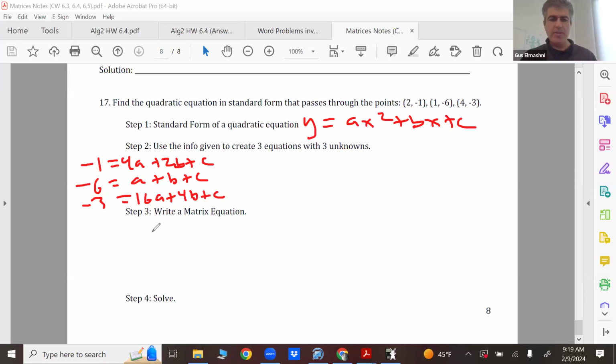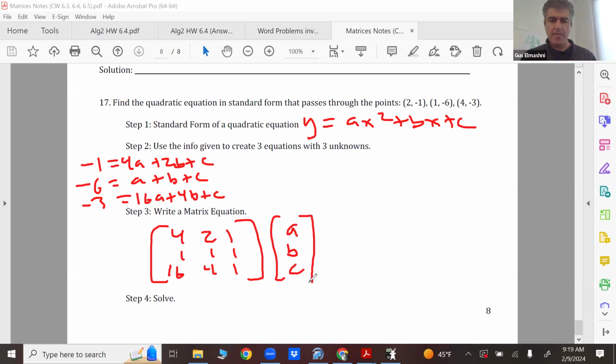Make your matrix equation, easy peasy. 4, 2, 1, 1, 1, 1, 16, 4, 1. A, B, C. And then solve it.